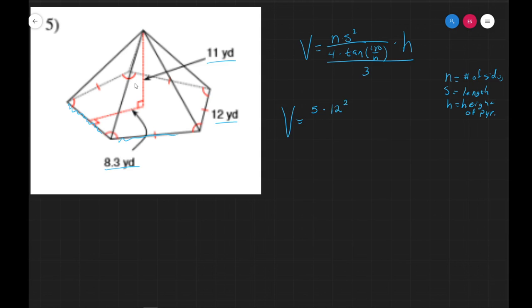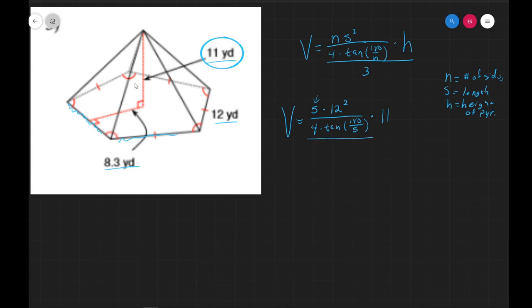So 12 squared divided by 4 times tangent of 180, and make sure we're in degree mode, over n. N is the same n from up here, so whatever number you put here also needs to live down here. 180 divided by 5, times h, the height of our figure. 8.3 is not the height of our pyramid. Neither is 12. 11 is the height of our pyramid, so times 11.